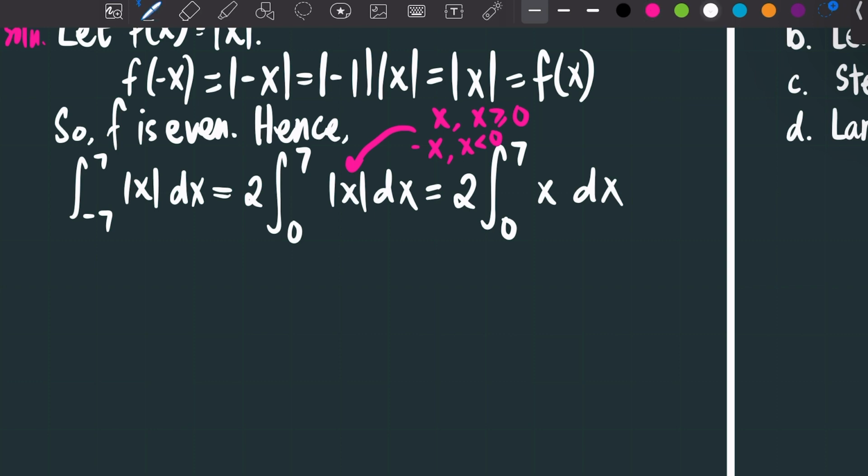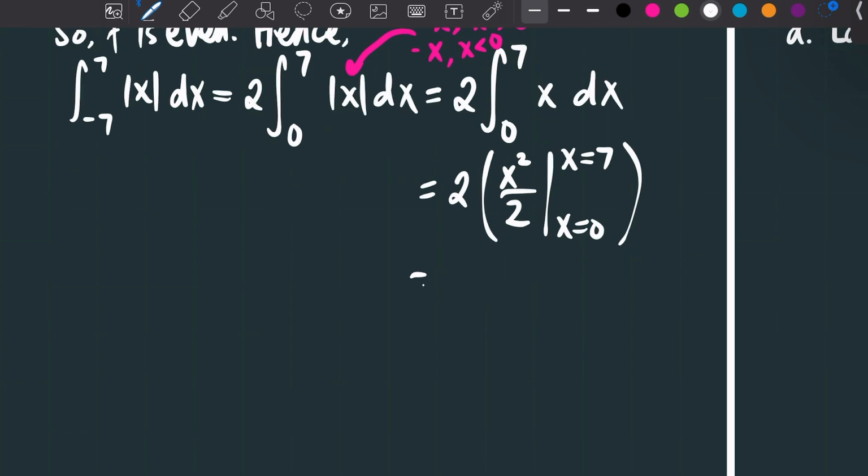So, we have 2 times the integral of x from 0 to 7. Or, basically, that's just 2 times x squared over 2 evaluated from x equals 0 to x equals 7. So that's 2 times 7 squared over 2 plus, ay minus 0 squared over 2, which is 0.